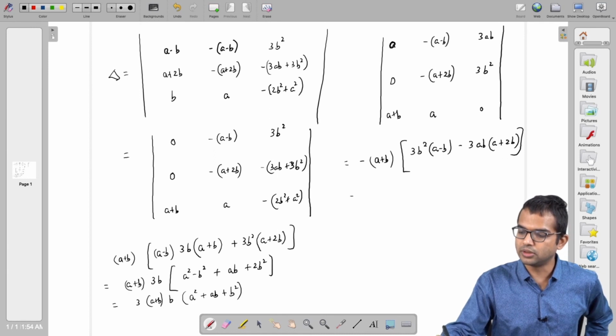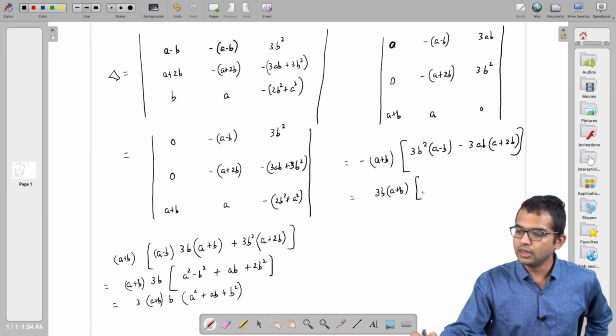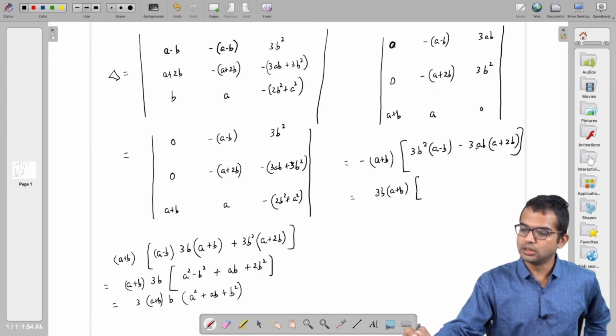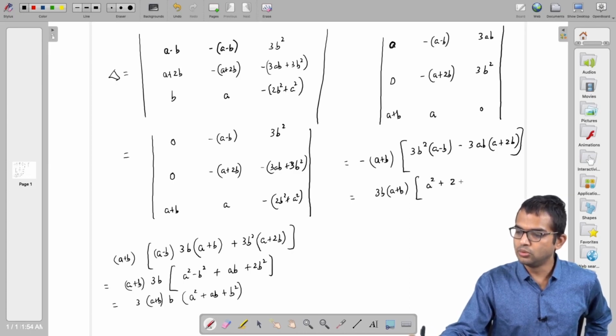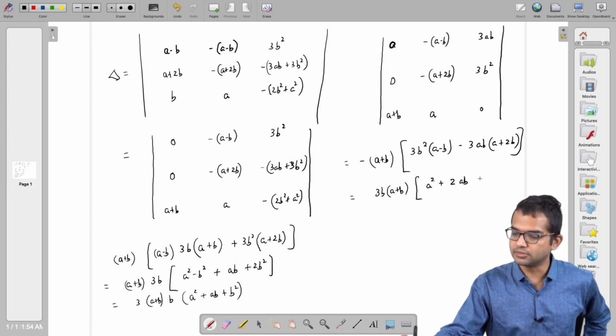So again I can pull out 3b, and I also have a minus sign, so I have 3b into a plus b into a squared plus 2ab. So the second term becomes positive and the first term is negative.